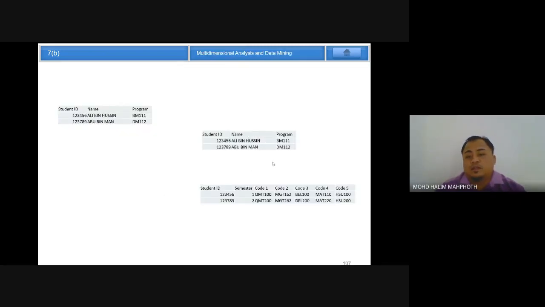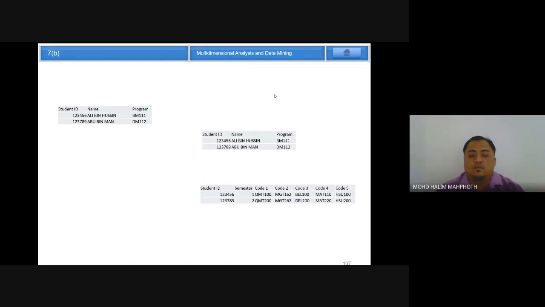If you want to extract data from this data warehouse, we can pull the data into a number of perspectives or dimensions, which we call multi-dimensional analysis.